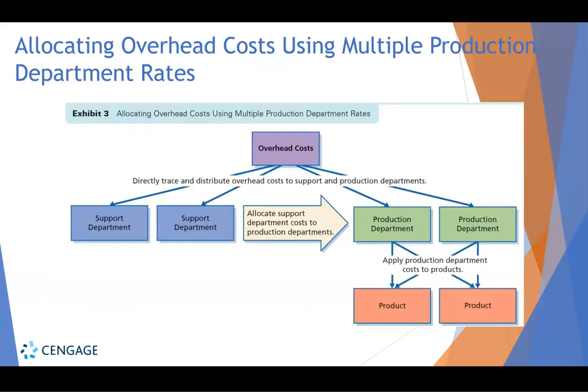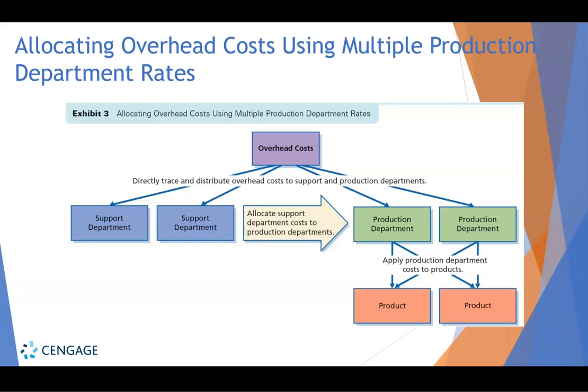So as you see here, there are various overhead costs. And you can see where we can trace and distribute those costs to the departments that use those overhead costs.